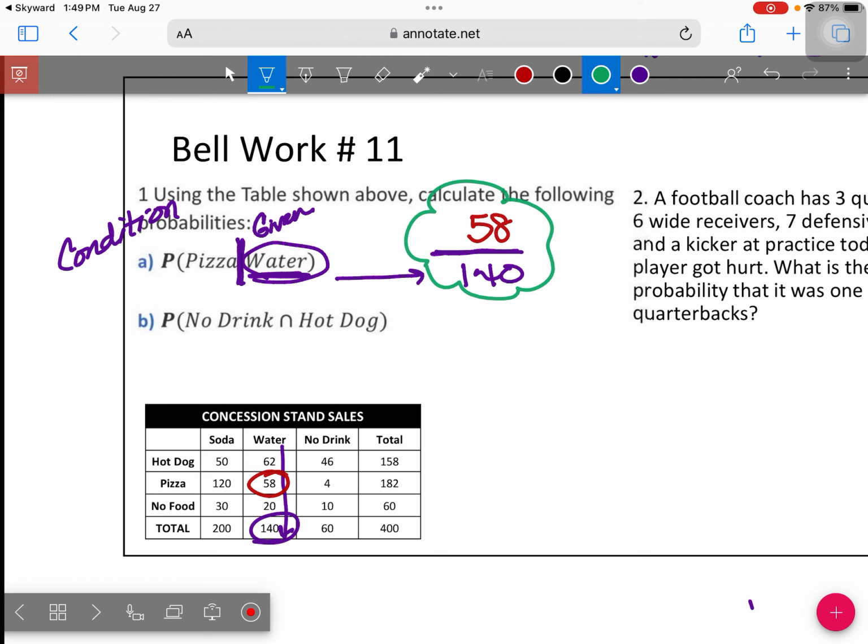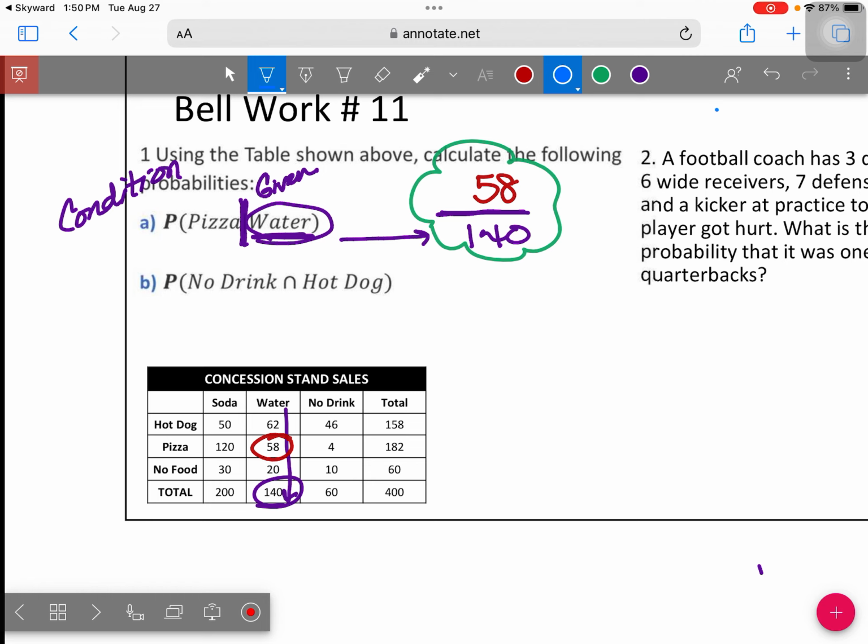All right, what is the probability that someone randomly selected from this table did not get a drink and they did get a hot dog? What do you think it is? 46.